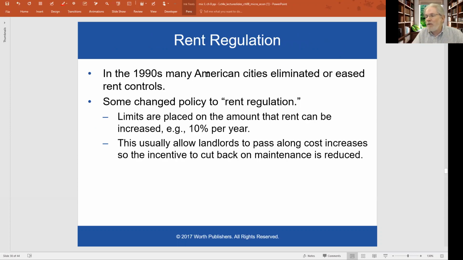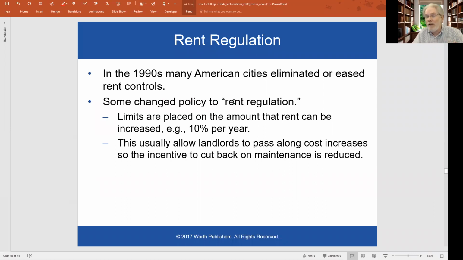Some cities have eliminated rent controls, but they still are used in a number of cities around the world. New York City has eliminated rent control in some areas, but in some areas it is still used. Also, sometimes it is changed to rent regulation, which means they don't just impose a ceiling and keep it at that level.